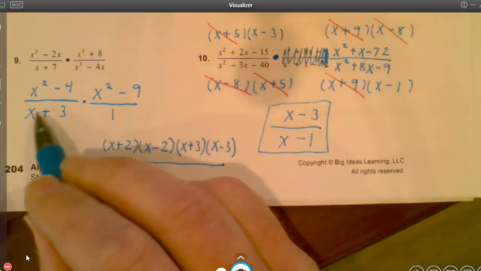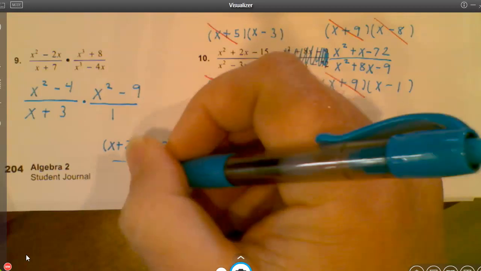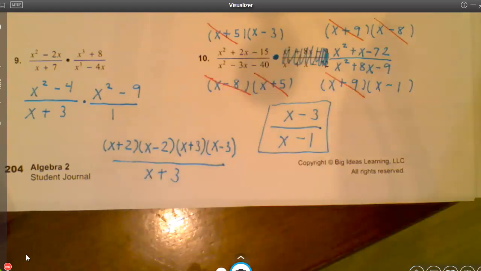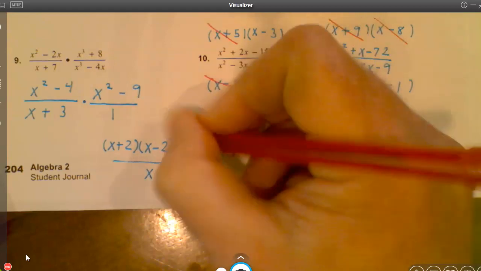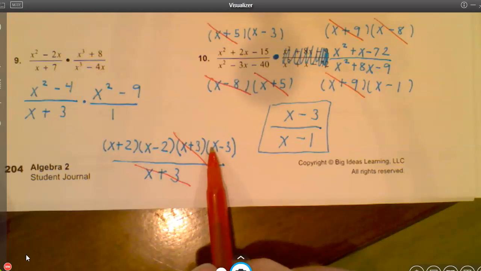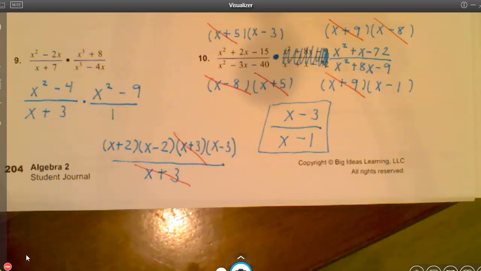On bottom, all I have really is the x plus 3. All right. So at this point, this is where I would say, okay, let's cancel out those x plus 3s, and then those three factors would be my answer. That's what's left over. So again, anything that's on top must stay on top in your answer. If there's anything on bottom, it's got to stay on bottom in your answer.